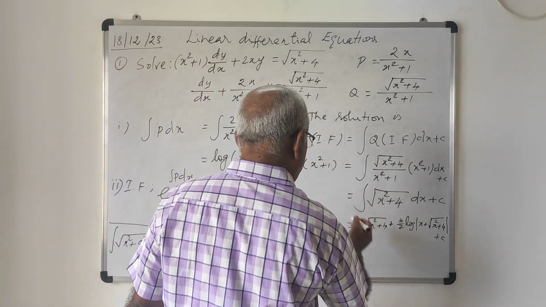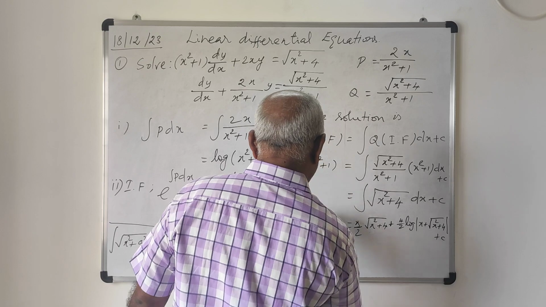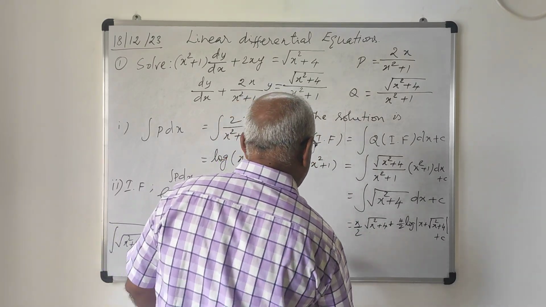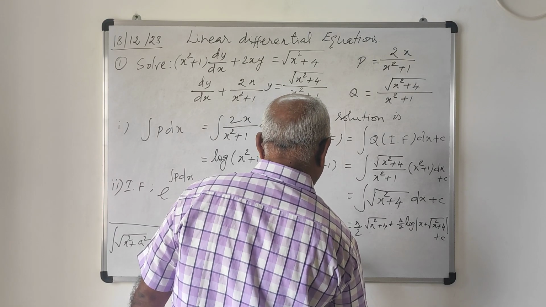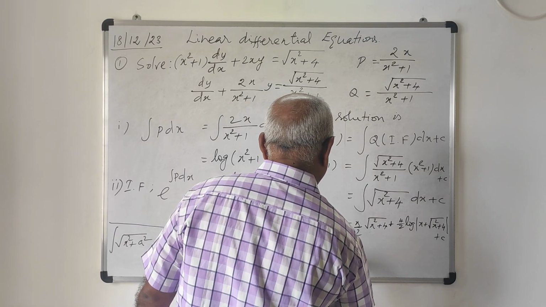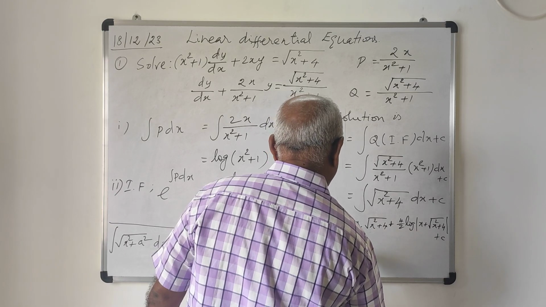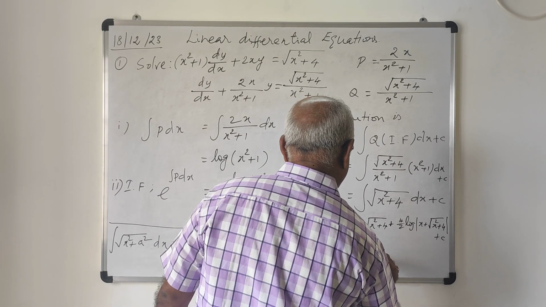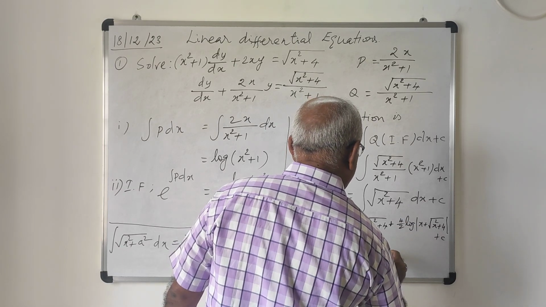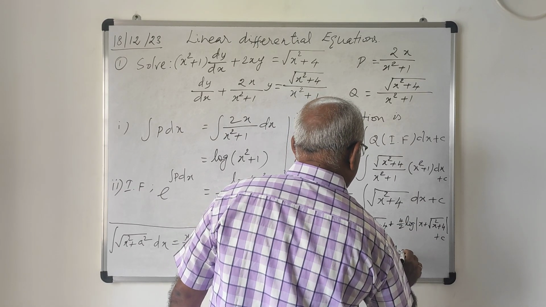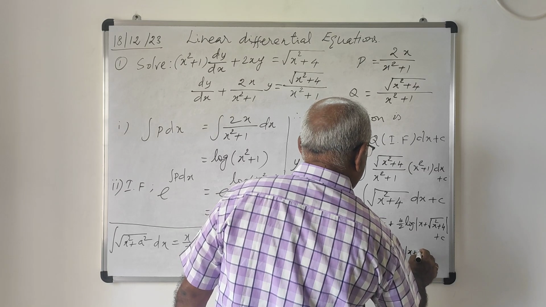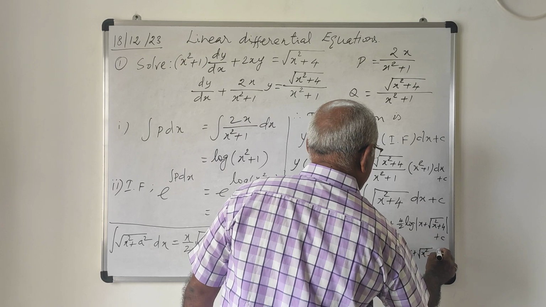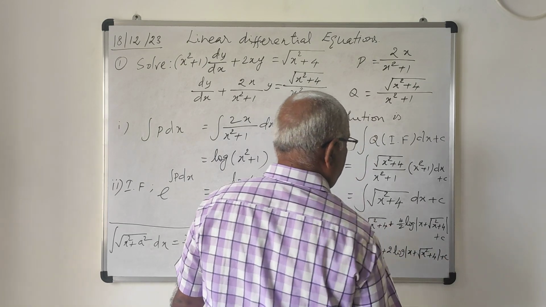So the solution is, the right hand side is y into x square plus 1 equal to x by 2 into root of x square plus 4 plus 4 by 2, which is 2, log of x plus root of x square plus 4 plus c.